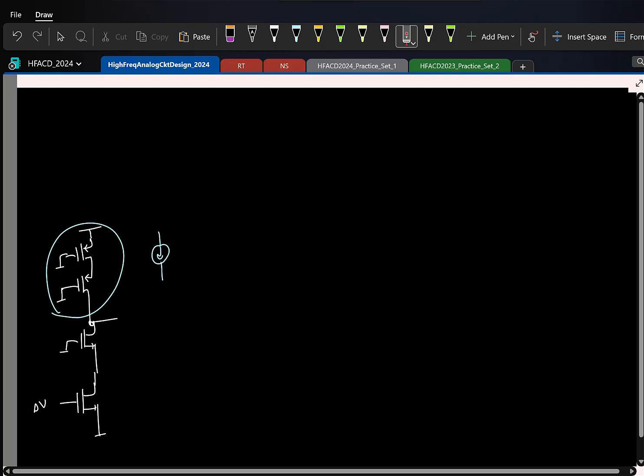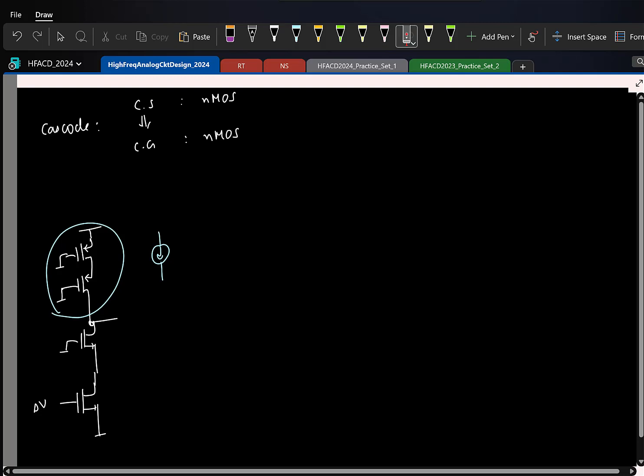Common source, and what is this guy operating in? Common gate, right? So again, cascode is basically a combination where you have a common source followed by a common gate. That's all. And in this case I have realized common source using an NMOS and the common gate also using an NMOS.